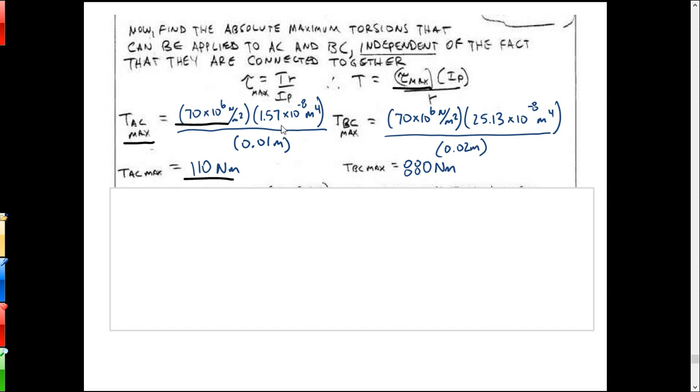That's tau I over R. And the torsion in BC will be 880. That's tau I over R. So I'm just looking at both sides. And what I'm seeing is if I take this shear up to the maximum allowable level, what's the torsion in either side?